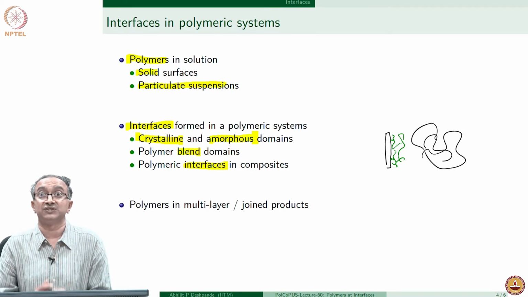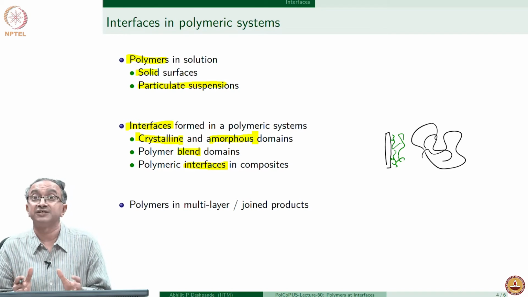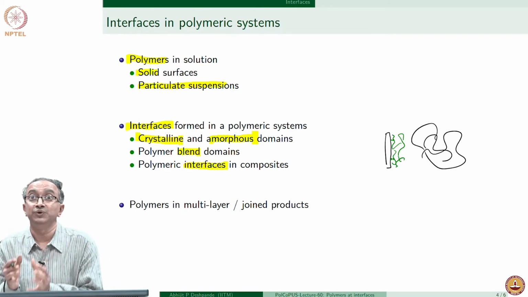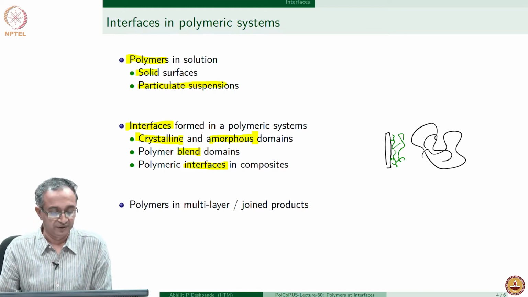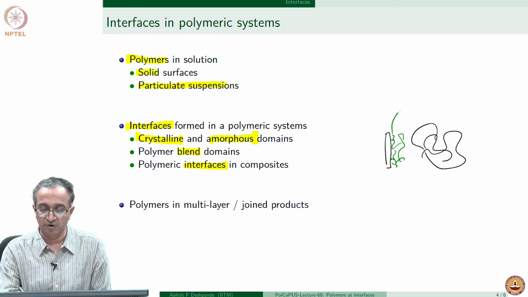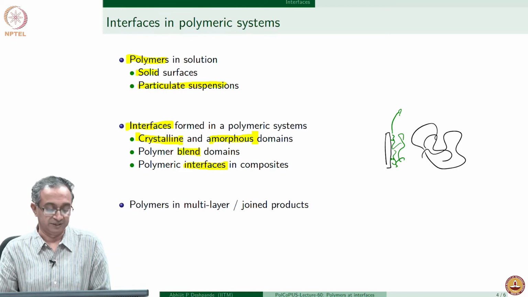And in fact, this is what is desirable if load transfer has to happen from the matrix to the fiber phase, as we discussed earlier. And so, interfaces again are involved in the case of composite materials.